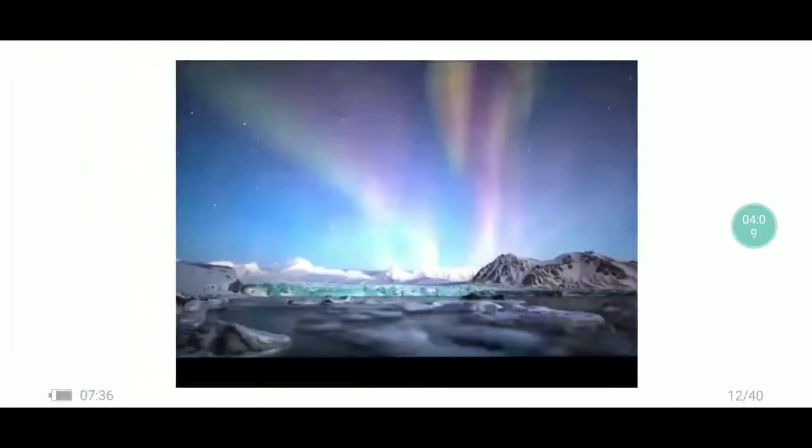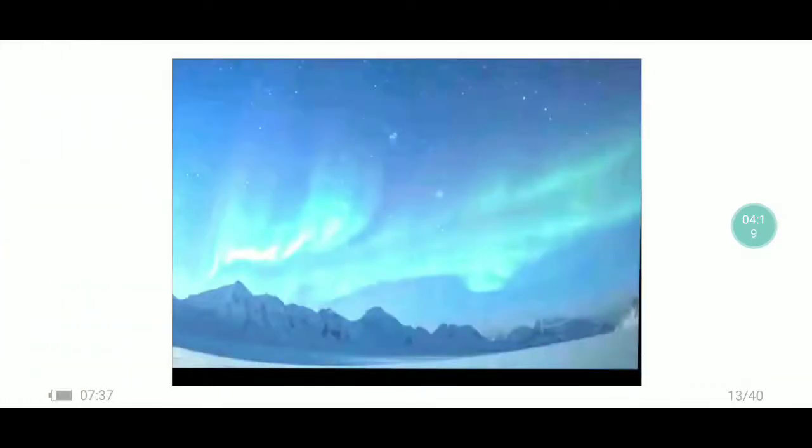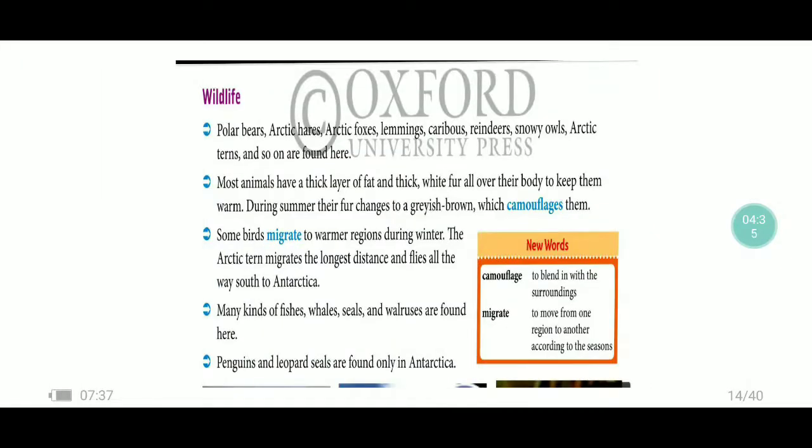At night, the sky is lit up by beautiful lights called aurora borealis in the northern hemisphere and aurora australis in the southern hemisphere. These naturally occurring lights are caused by the collision of charged particles in the Earth's atmosphere. Now let us have a look at the wildlife of this region.